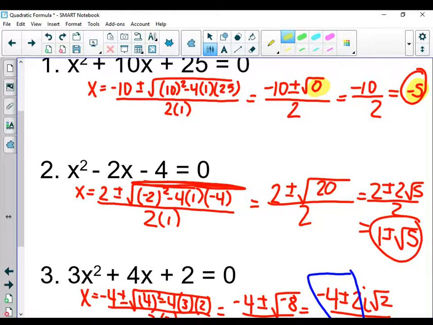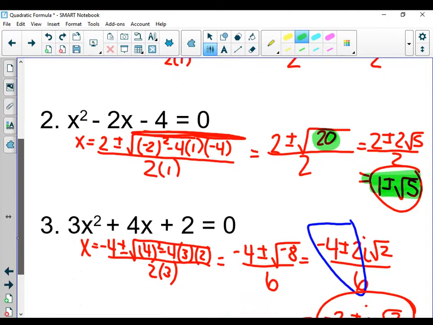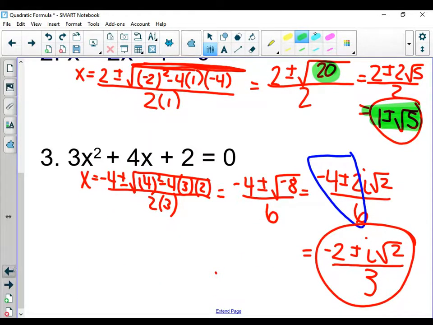But then down here, we had a positive number, and we ended up with 2 real solutions. But then down here, we had a negative underneath the radical, and we ended up with 2 negative, or imaginary, answers. So the discriminant is just what's inside the radical, not the radical.